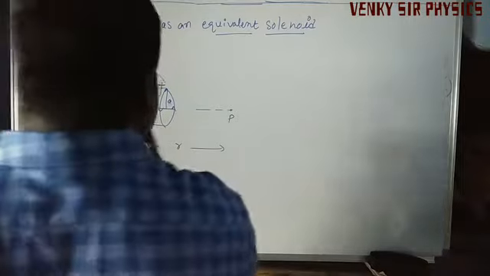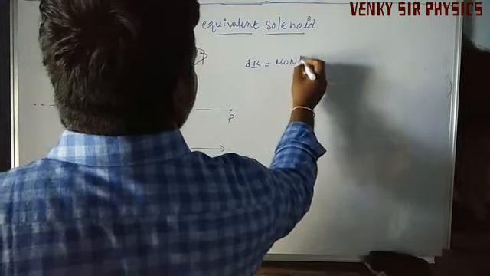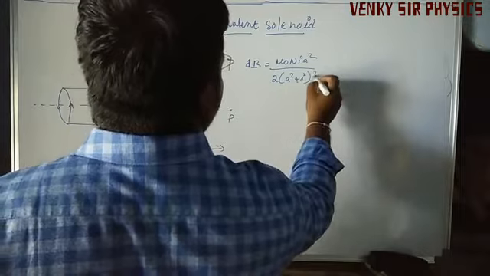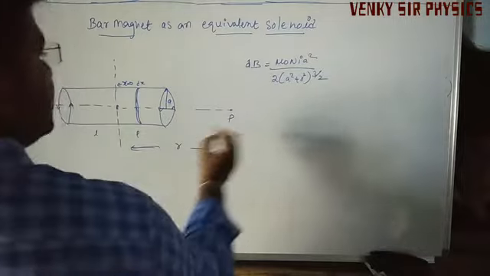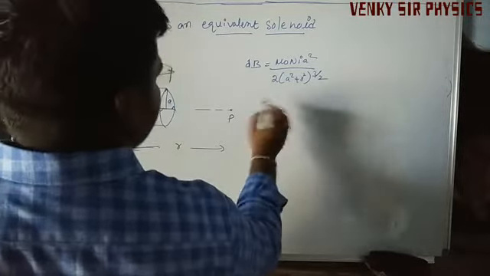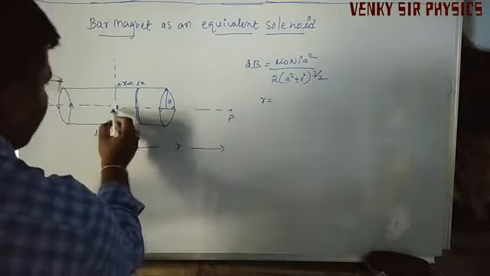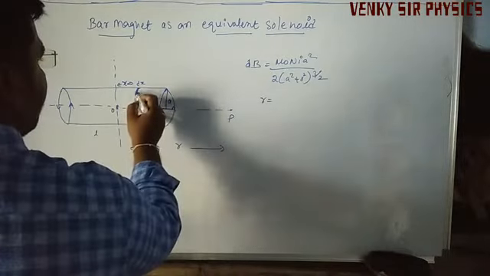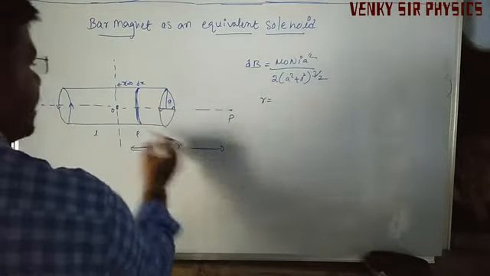What is the formula? dB is equal to mu naught n I a square divided by 2 into (a square plus r square) whole power 3 by 2. This is the main formula. Here the a value is the same. R is the distance from point P to the center point. What is the distance between dx and P?